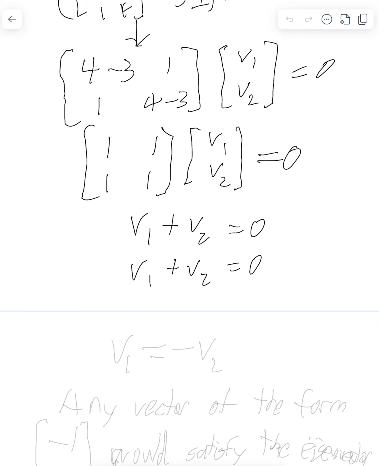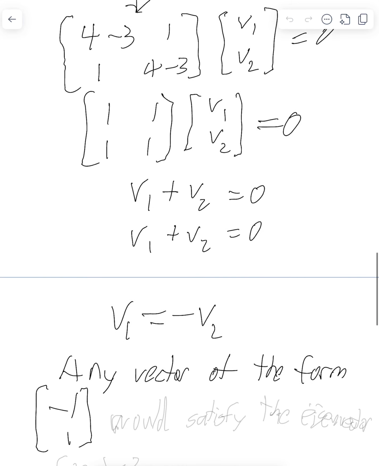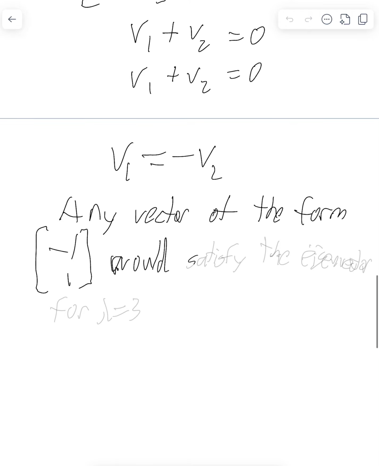Once you do that, it's pretty obvious that v = (-1, 1) would satisfy the eigenvalue for lambda equal to 3.